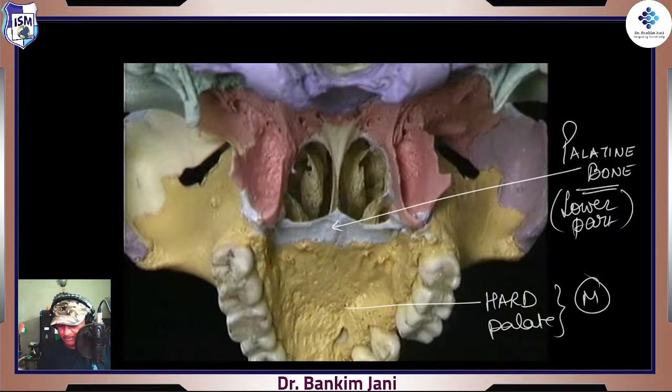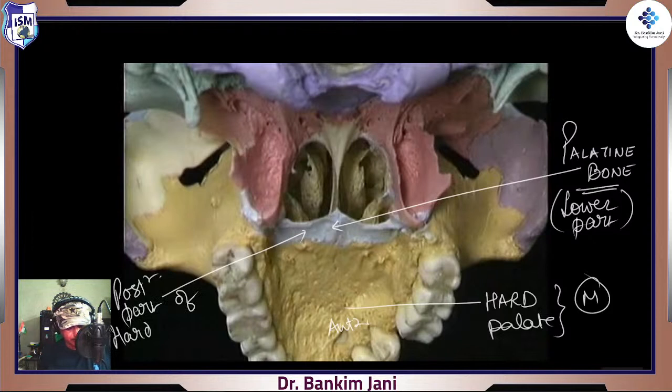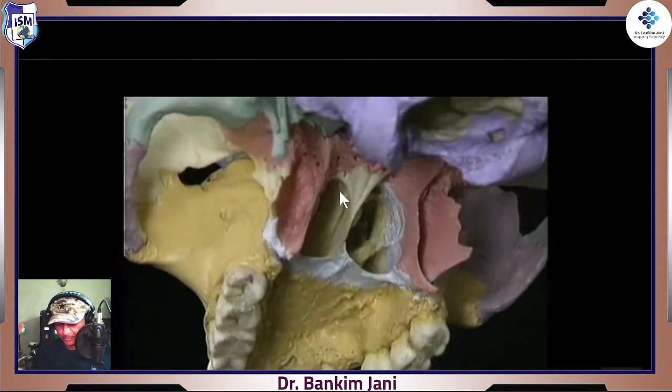Makes sense? Because this is the hard palate, this is anterior. So this is also forming the hard palate because it is a bone. This is the posterior part of the hard palate. Still, if we just tilt the skull, we come to know something more. Here it is. This white colored one is the palatine bone. So it is not forming only the posterior part of the hard palate, but it is also forming side walls.